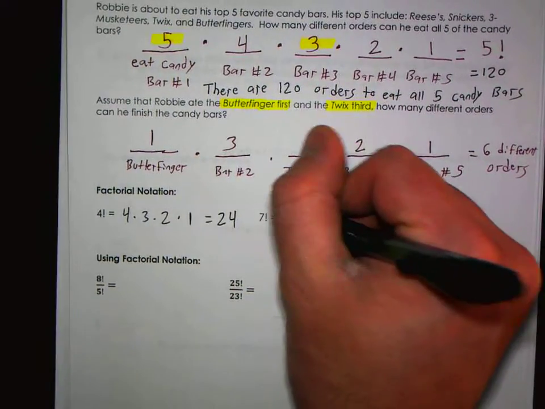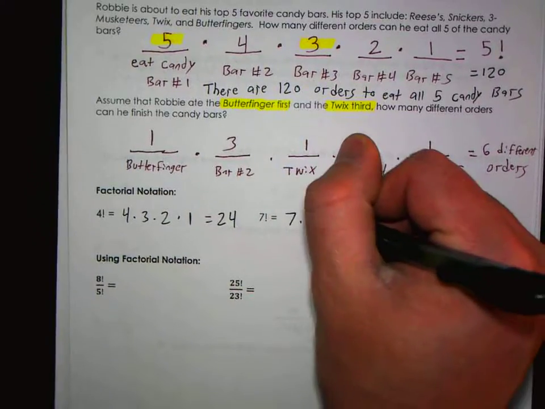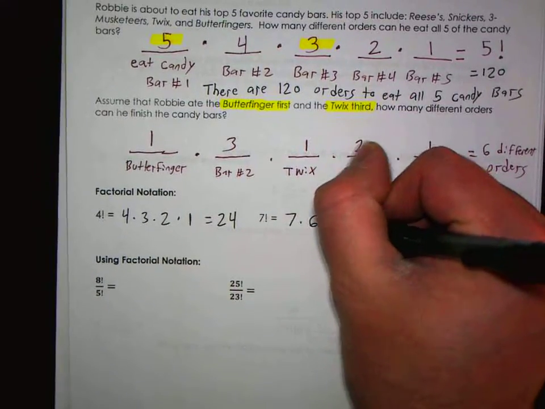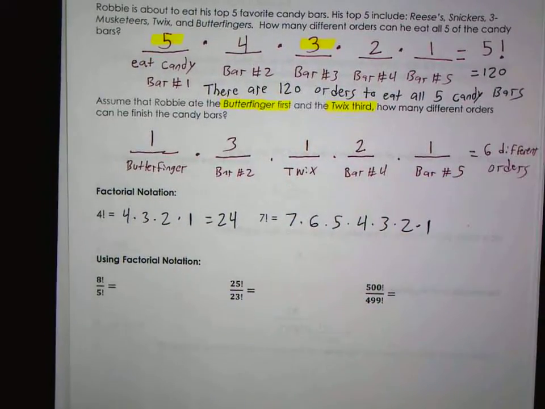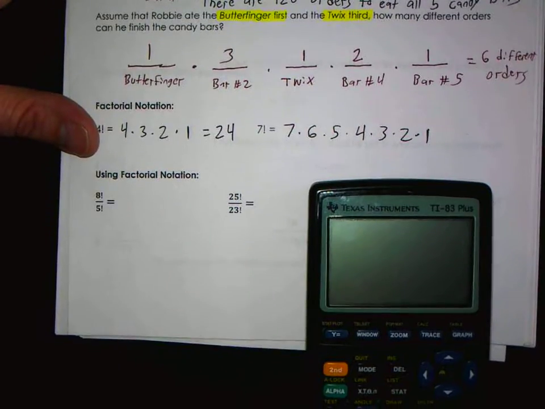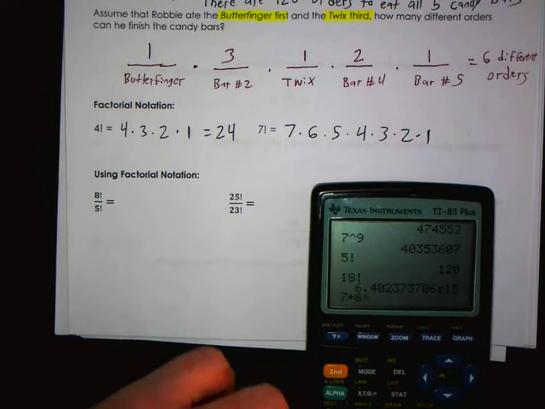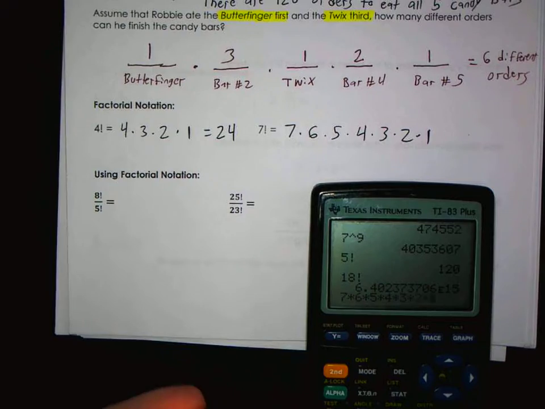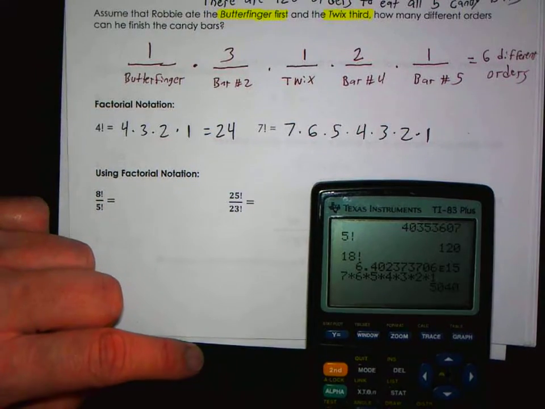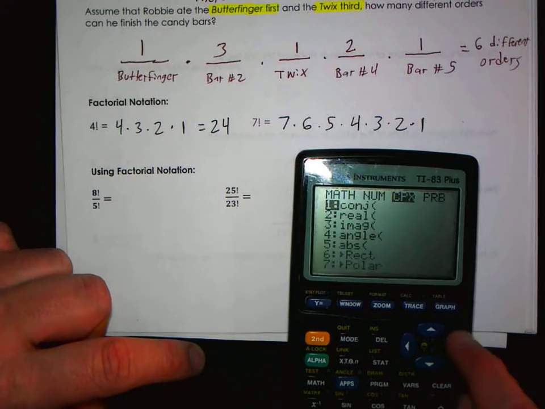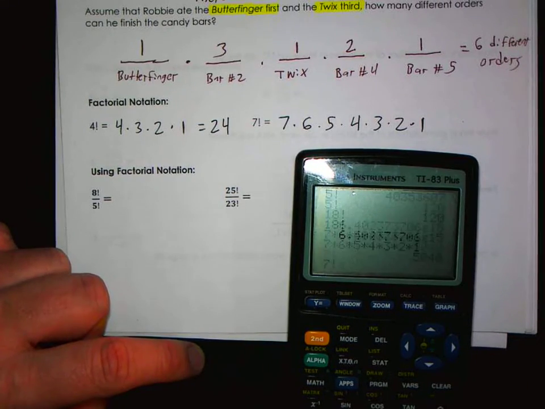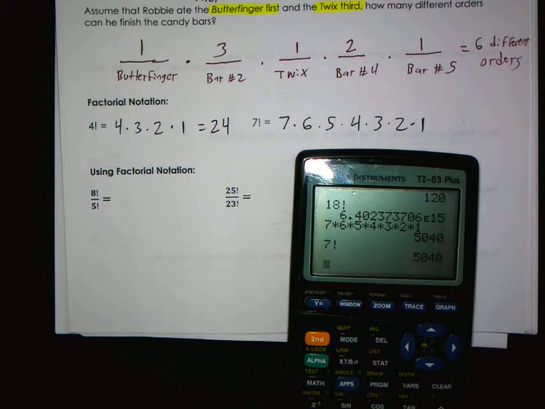And 7 factorial means 7 times 6 times 5 times 4 times 3 times 2 times 1, which again, you can either just type it in, or you could do 7, math, PRB, factorial, and it'll spit out 5040.